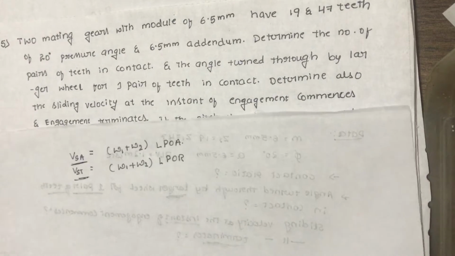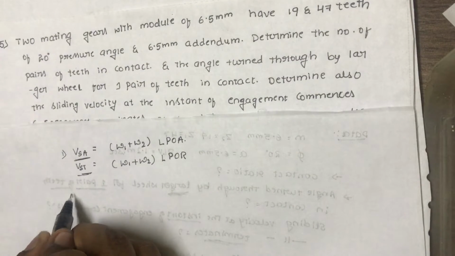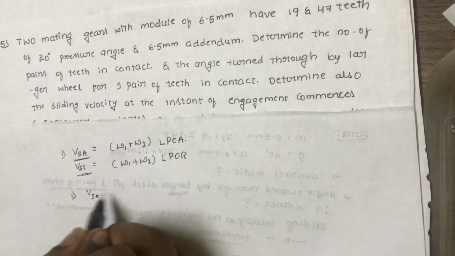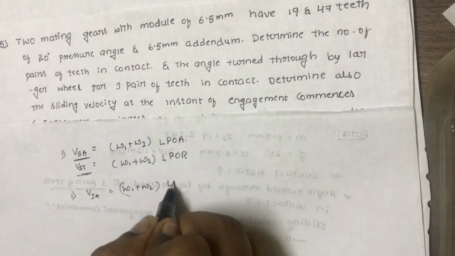Fine, it's very simple. First we'll go for VSA, that is equal to (omega 1 plus omega 2) into LPOA.